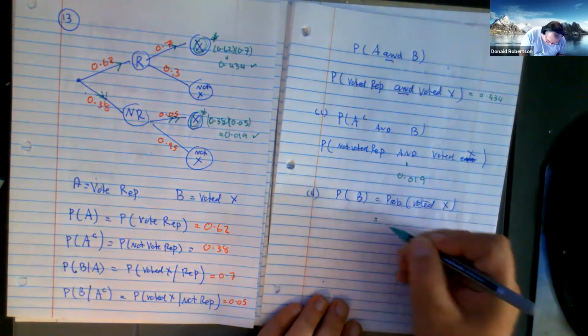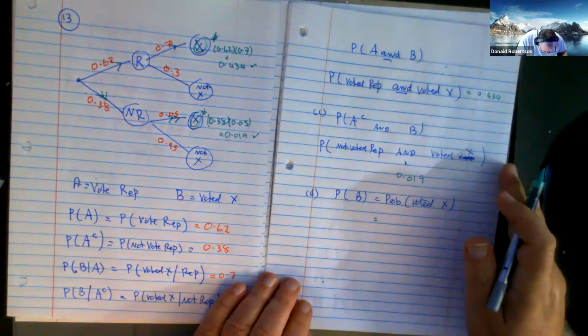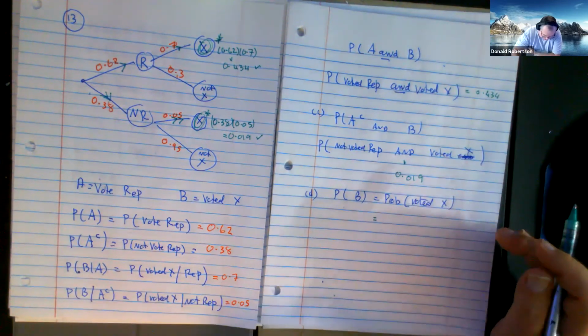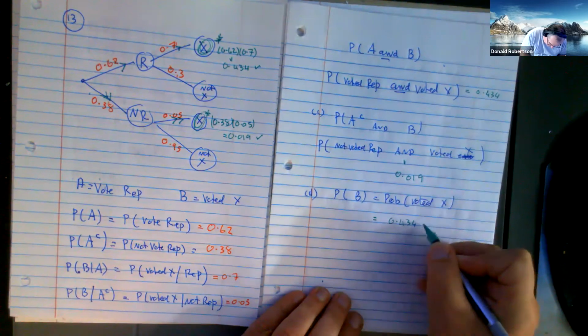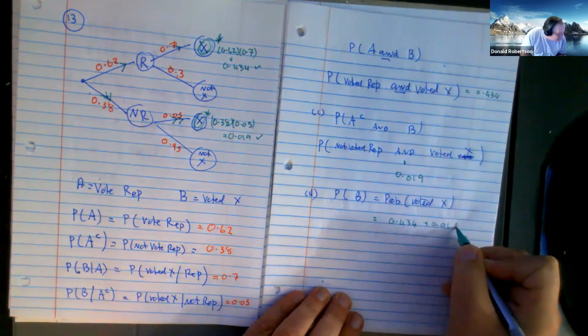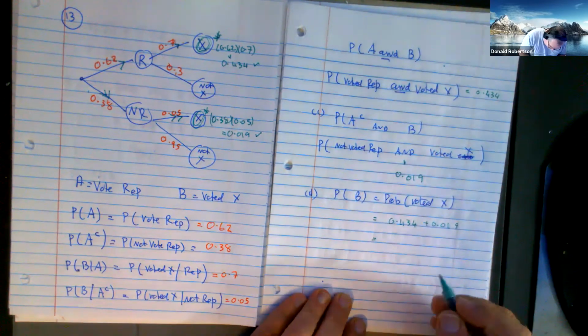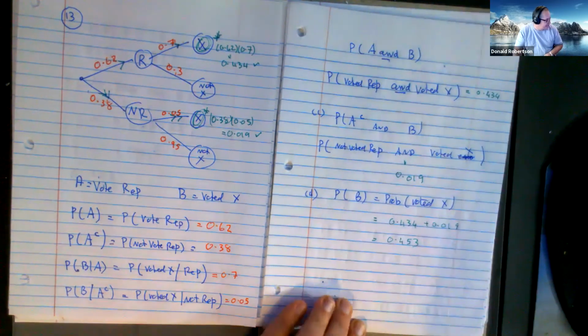From B and C then? Say that again? From B and C, the two numbers that we got, would you add them? Yes. So you would go 0.434 and add 0.019 and get 0.453, they tell me, which I'm not arguing with, it sounds right.